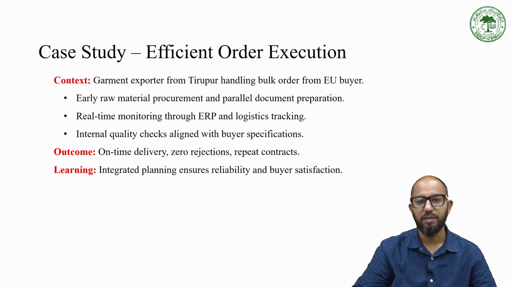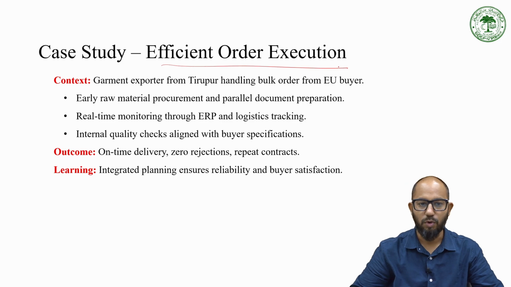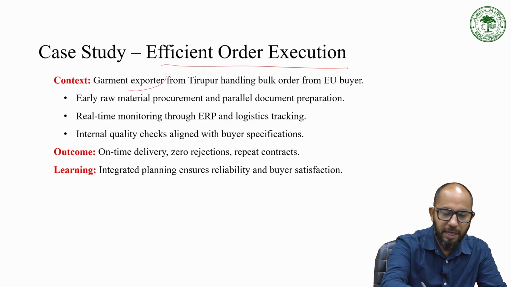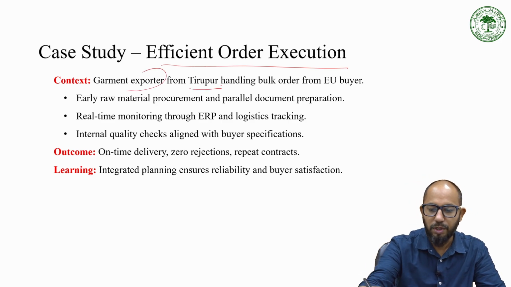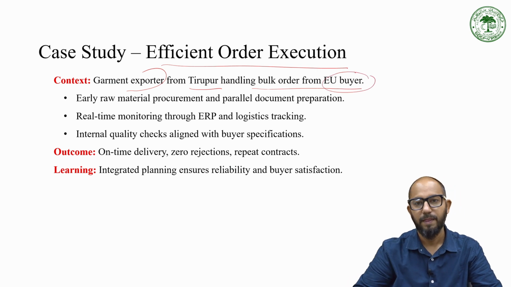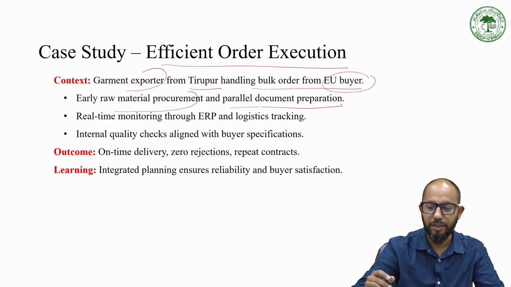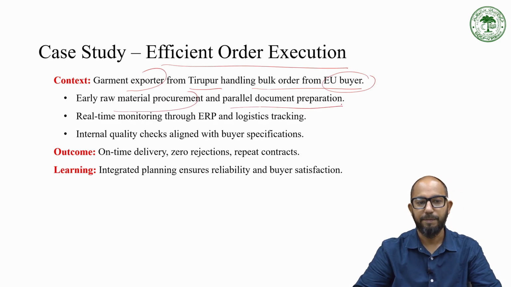Let us now take the first case study, efficient order execution. The context is a garment exporter from Tirupur handling a bulk order from a European Union buyer. What are the different issues? Early raw material procurement and parallel documentation preparation are required so that hurry should not be there.